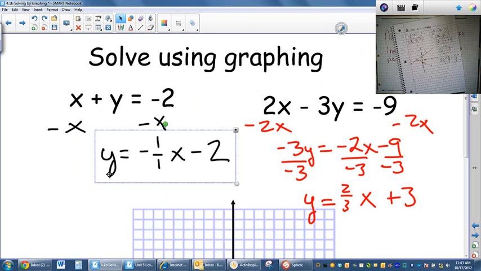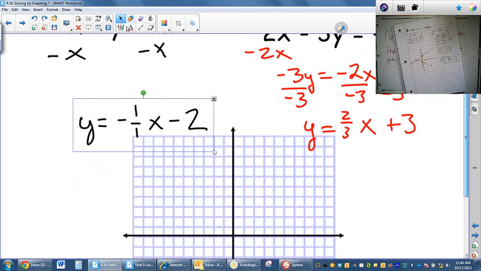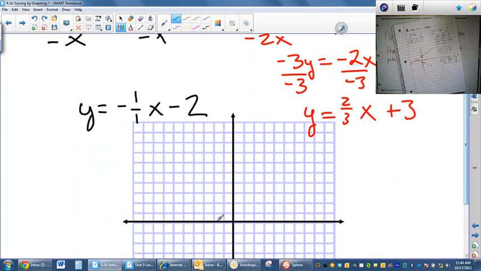How are we doing so far? To graph the one right here, I need to go down to negative 2. So I need to go down 1, right 1. I need to get a line over here.